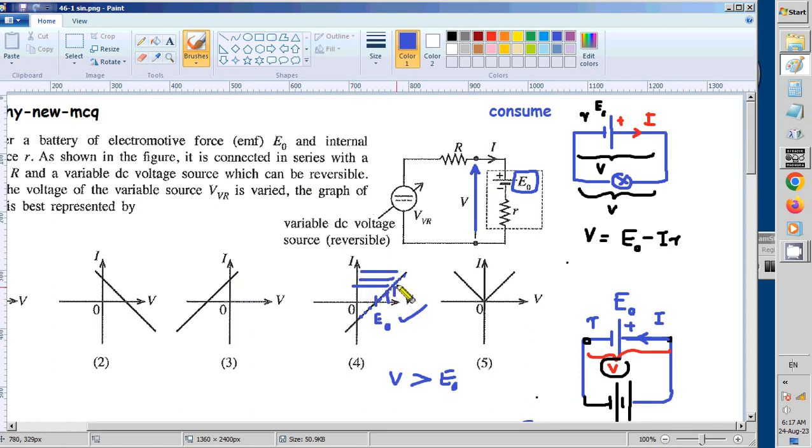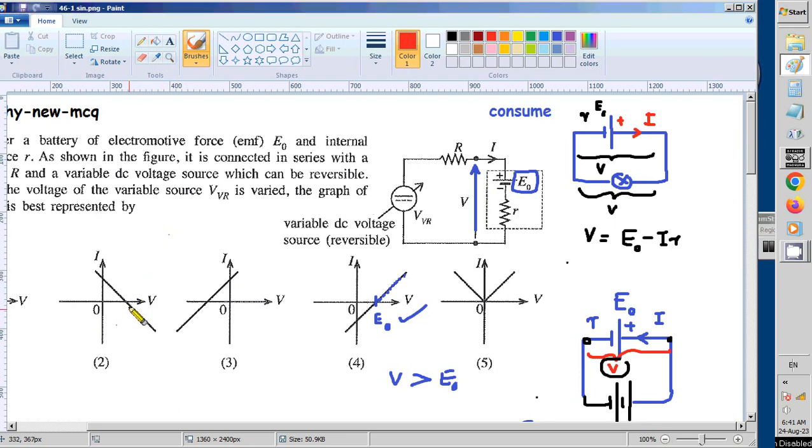So this one is correct in that view. Only the positive side let us talk first. So here it is wrong because they have a current at even lower voltage below E0. So below E0 we don't get any current. So here 0, here some value is there, therefore this one is wrong.